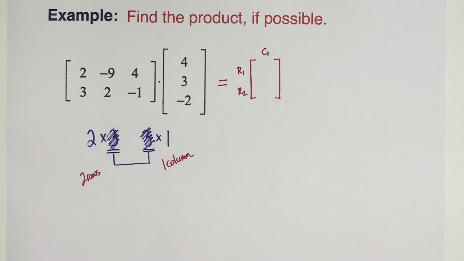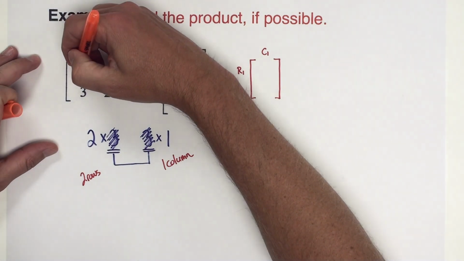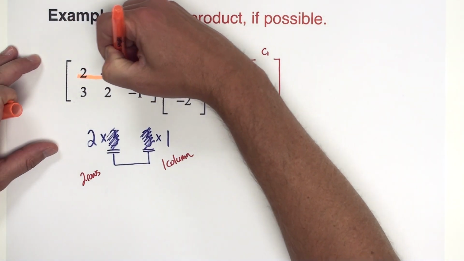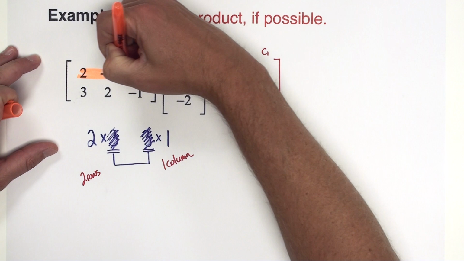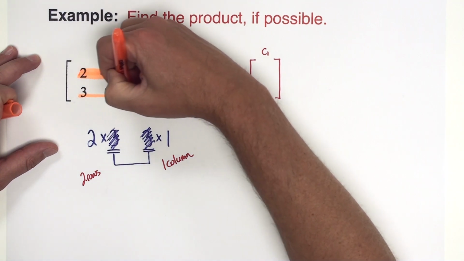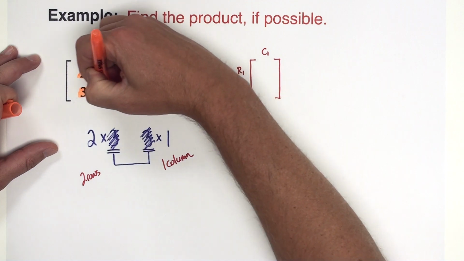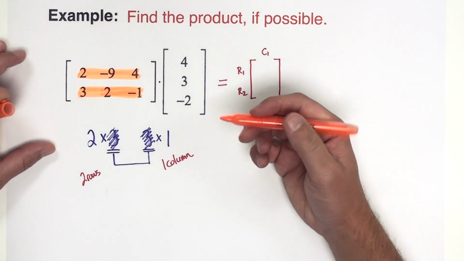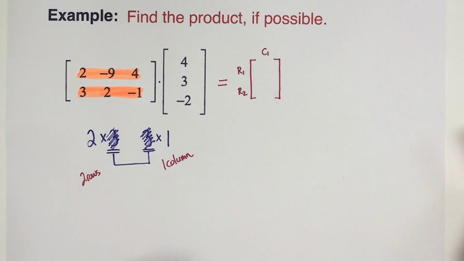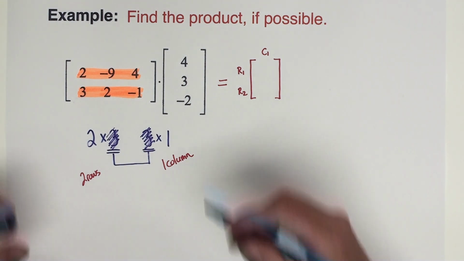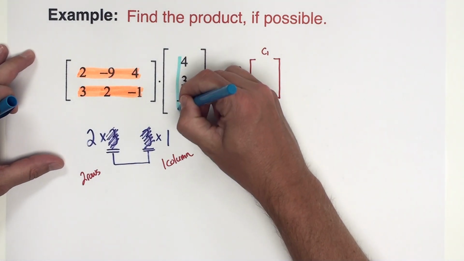All right, now for the setup and the work. Over here, I'm going to use rows. Always use rows on the left side. So I like to either highlight them like I'm doing here in the notes for you, or maybe just circle them. I think circling them is fine as well. And then in this matrix, I'm going to use the column.